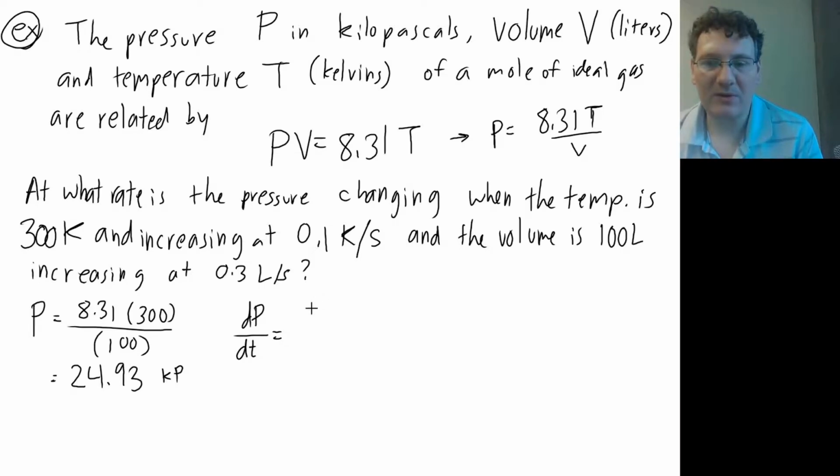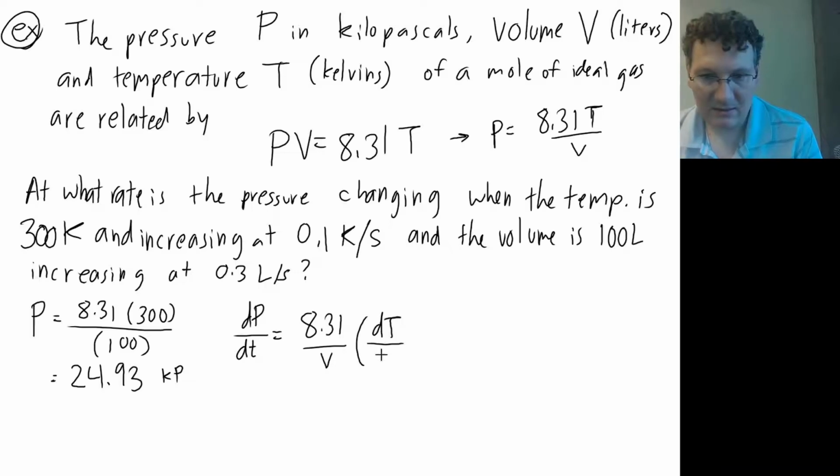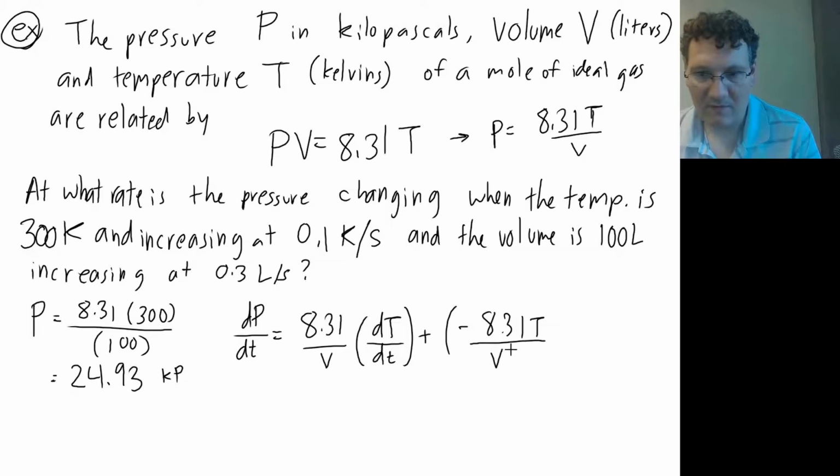Now that's going to be using the chain rule. It's going to be the derivative with respect to T first, so it's going to be 8.31 over V times dT dt, plus negative 8.31 T over V squared, that's the partial derivative with respect to V, times dV dt.